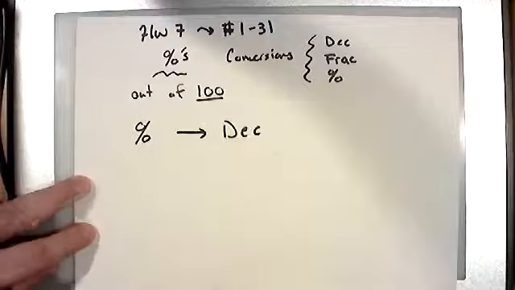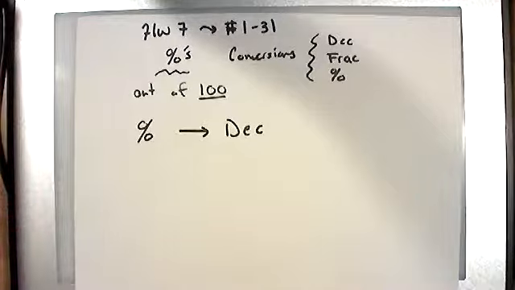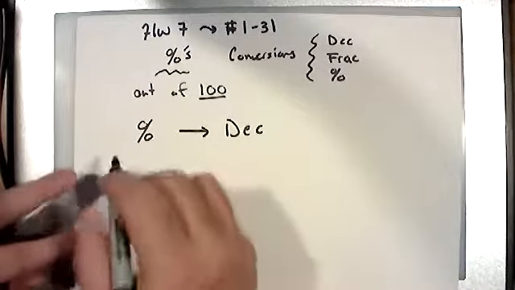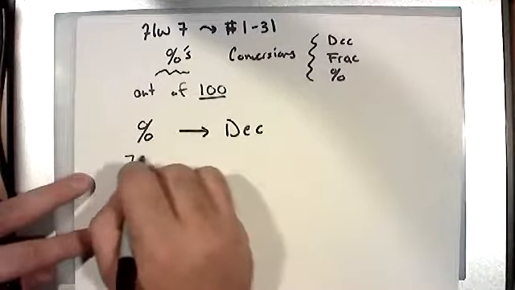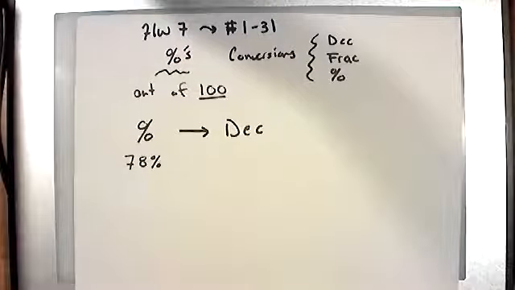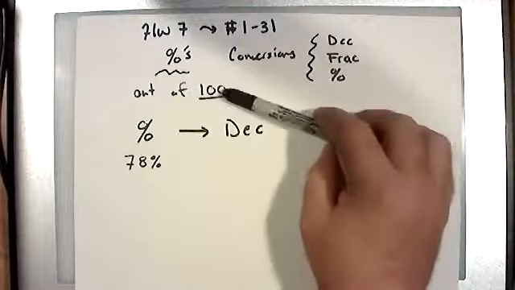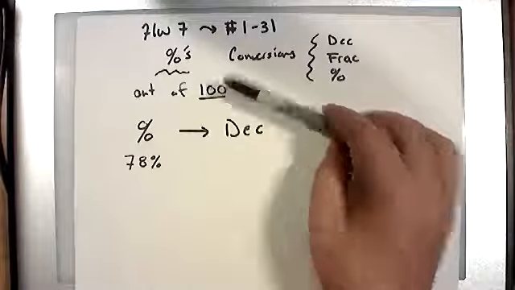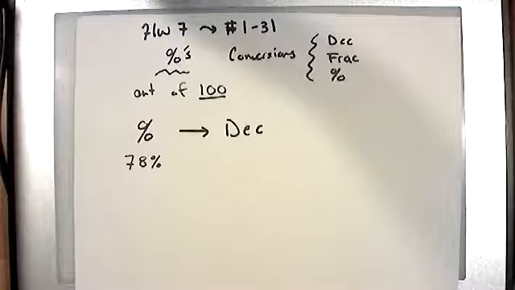Okay, a percentage to a decimal. And again, percentage just means out of 100. So let's say we'll start with something pretty straightforward, 78%. Think about what you just said, 78%. Our money system is out of 100 too, right? Our pennies work out of 100 pennies in a dollar. So fortunately, the pennies system works very similar to the percent system.